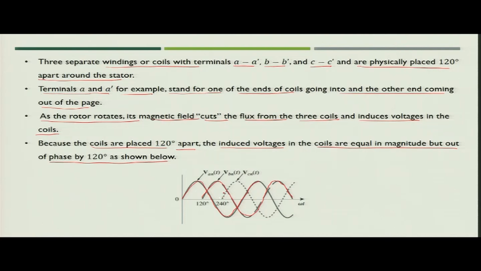Similarly, after another 120 degrees, you will see voltage now building up in the C coil. So, all these three phases are 120 degrees apart and the output which you will see in the individual coil is almost sinusoidal.